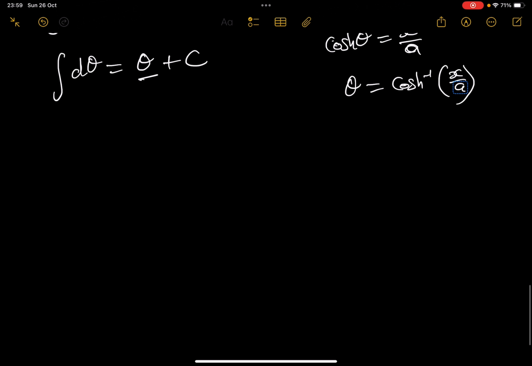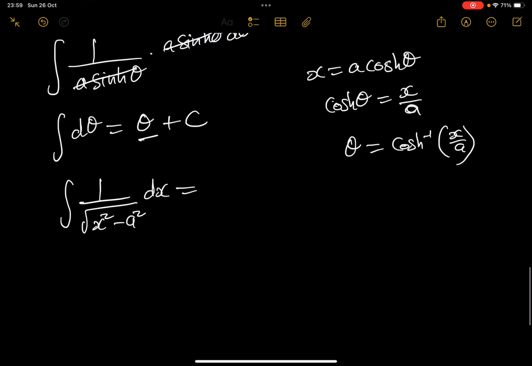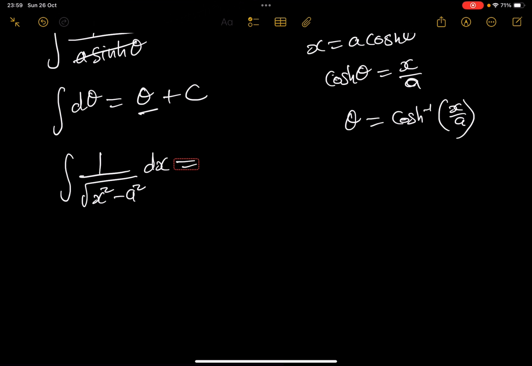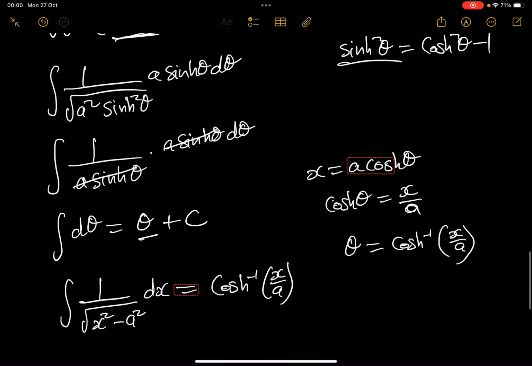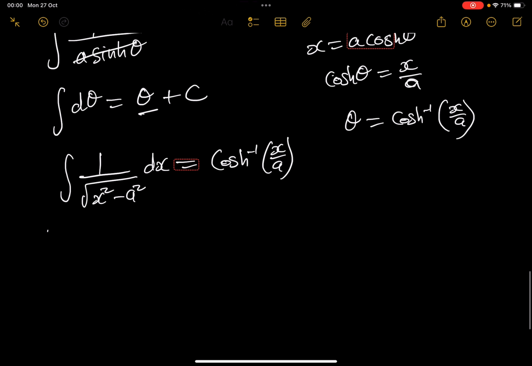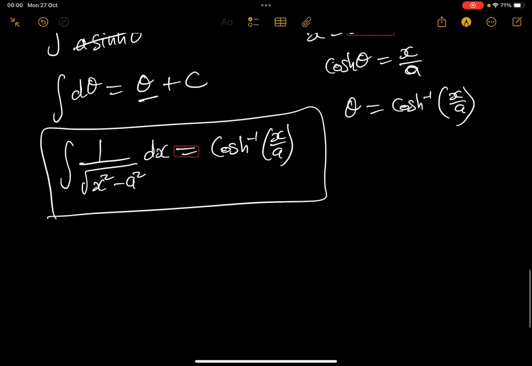Therefore the integral of 1 over root x squared minus a squared dx is going to be cos inverse of x over a, right? So this is another integration technique that you have to know.